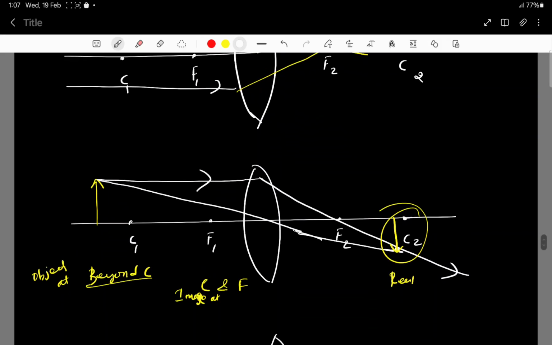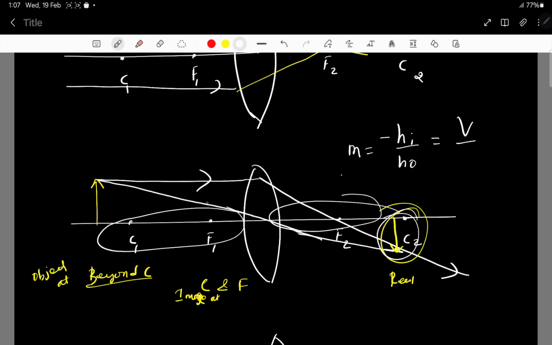So magnification is equal to height of the image by height of the object. Height of the image is negative, height of the object is positive, whereas v is positive and u is negative. So this minus minus will get cancelled off. So we got hi by ho equal to v by u. This is the formula I have for magnification.